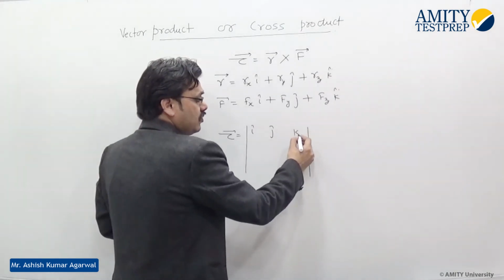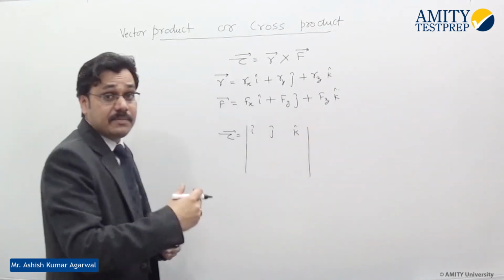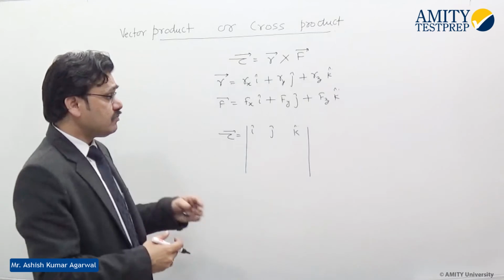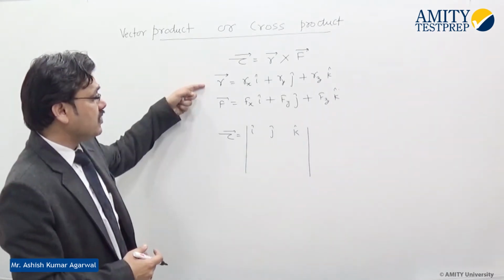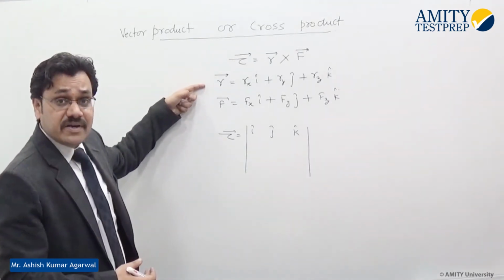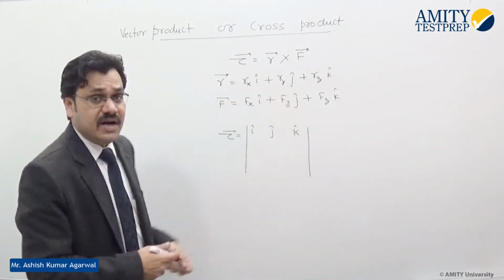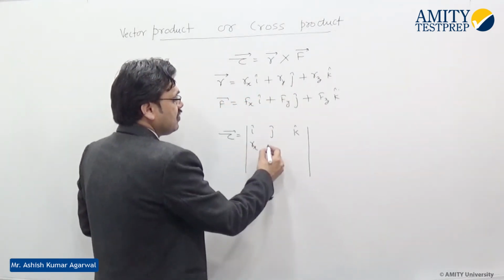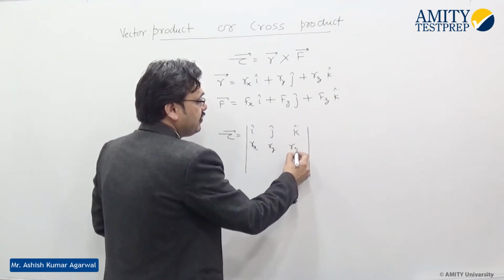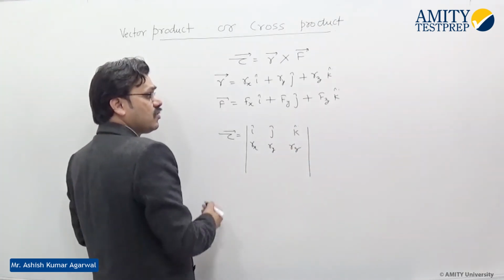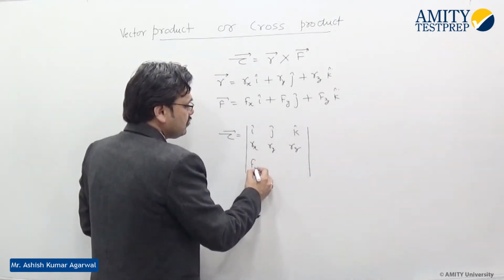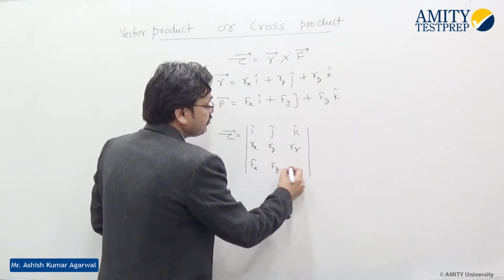In the first row you put i cap, j cap, k cap. In the second row you put the components of the position vector, Rx, Ry and Rz, and in the third row the components of force.